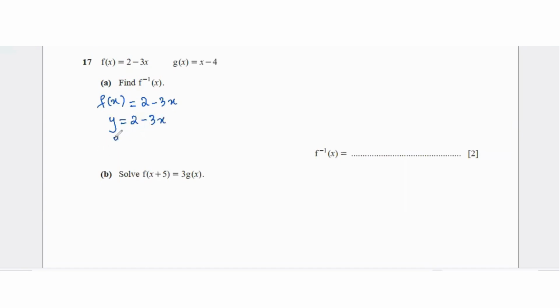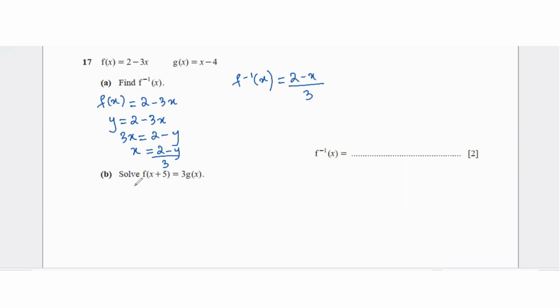Then make x the subject of the equation, so 3x equals 2 minus y, and x equals 2 minus y over 3. Now, in the next step, replace x with f inverse x and replace y with x. So your f inverse is 2 minus x over 3.